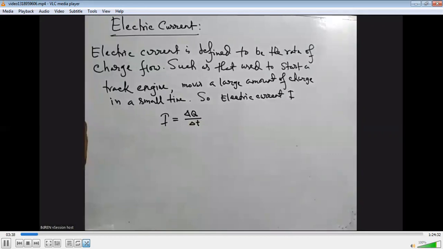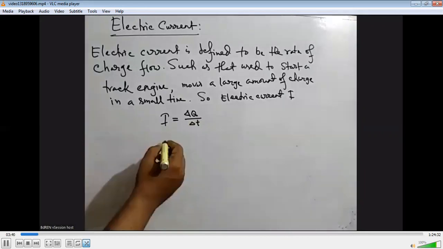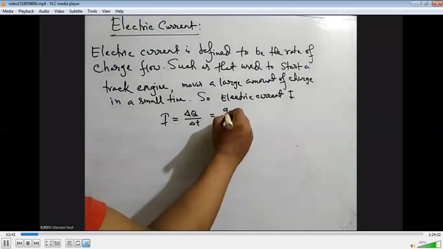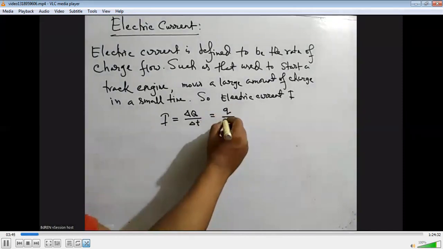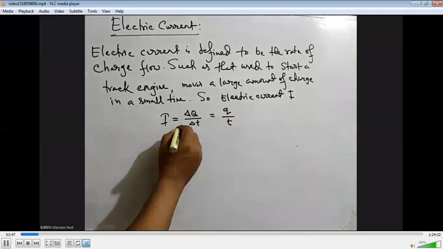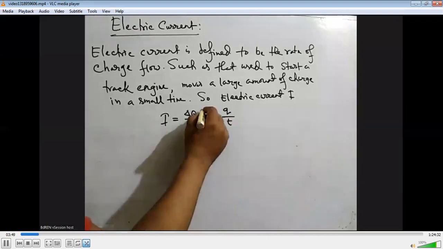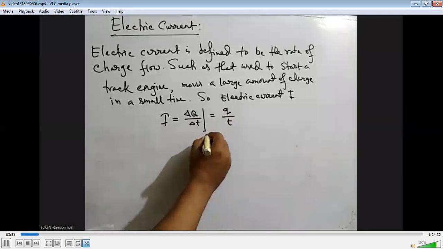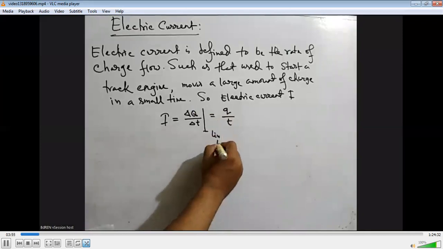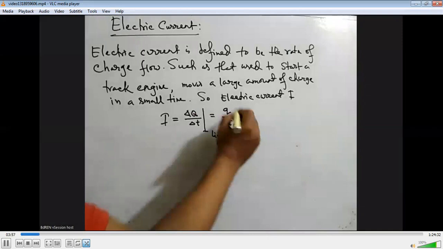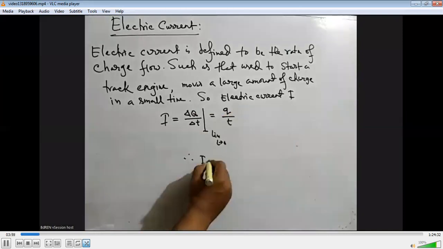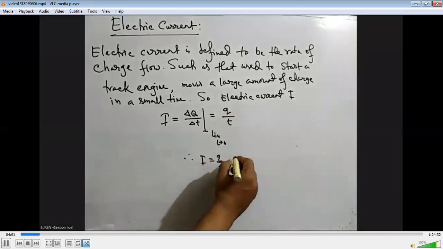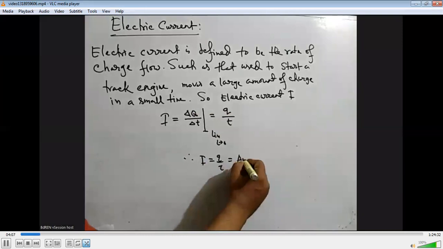That means the movement of a truck due to a truck engine moves a large amount of charge in a small time. So electric current I can be defined as the rate of change of amount of charge with respect to time. If time t tends to 0, then in the limit we get q by t. That means electric current I equals the rate of change of charge with respect to time.